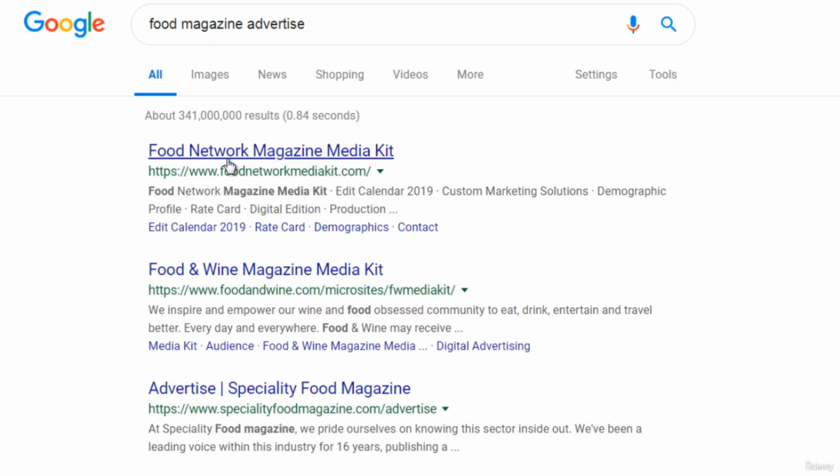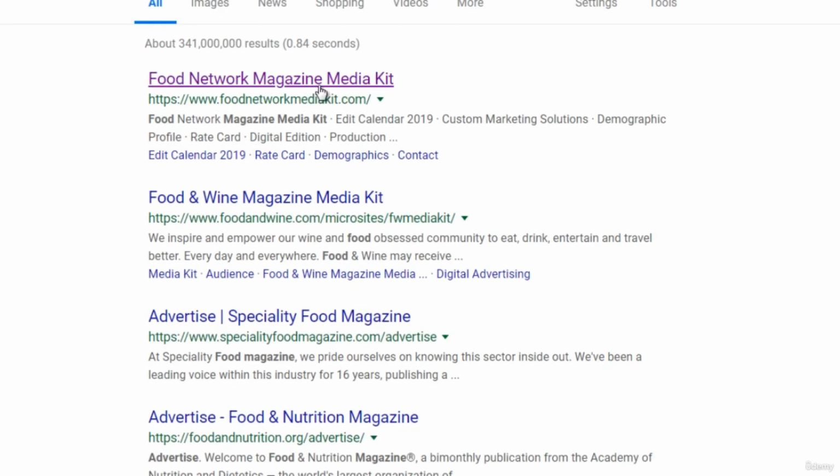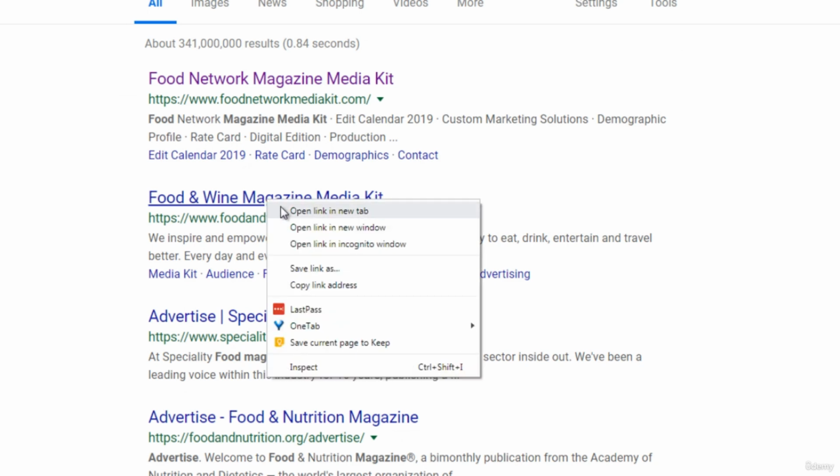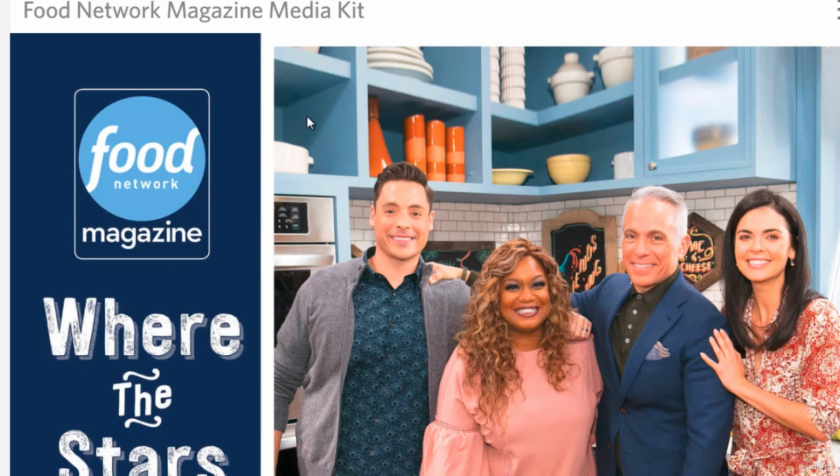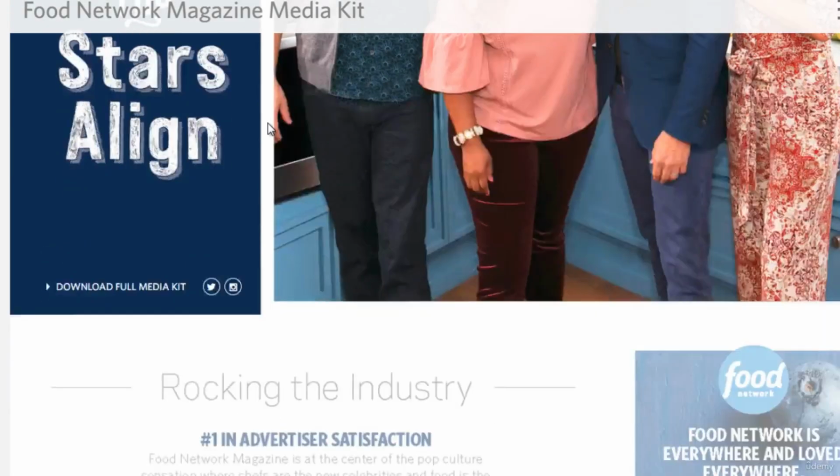So for example, the Food Network magazine media kit, the Food and Wine magazine. And bear in mind that we are not going to advertise on these networks necessarily. You can if you want to, but this will give us a better idea of the demographic.